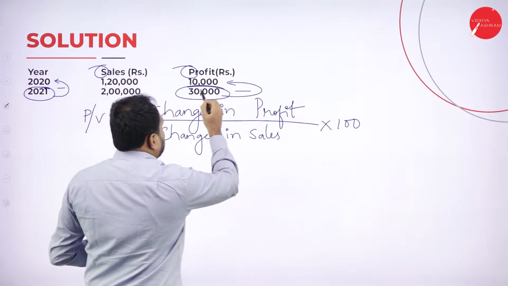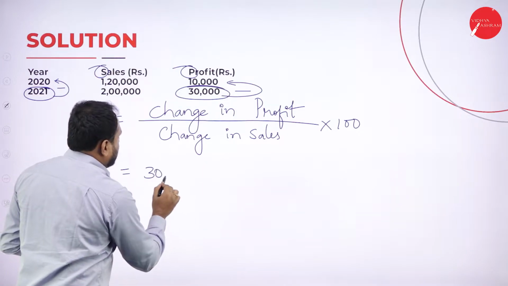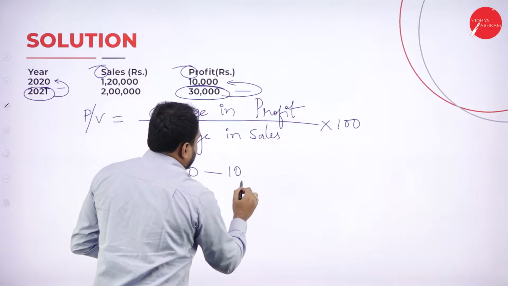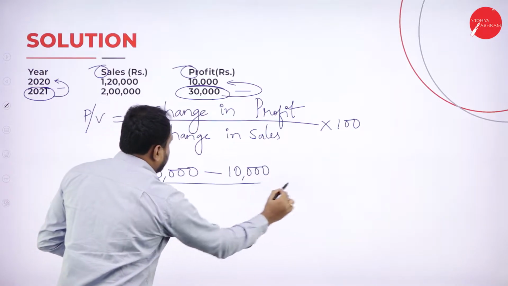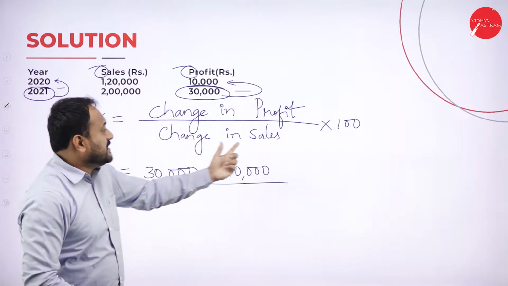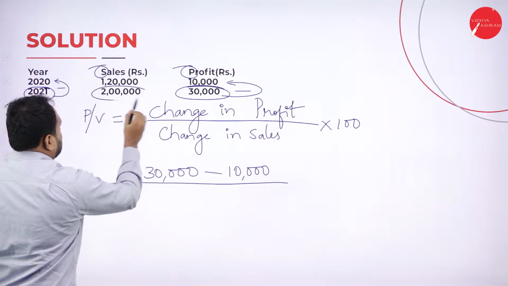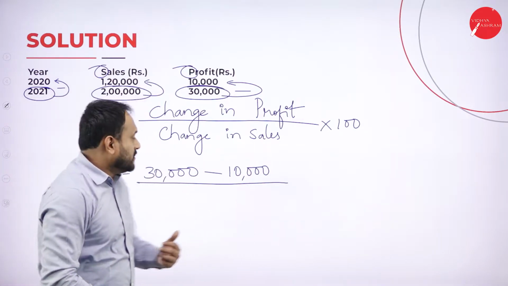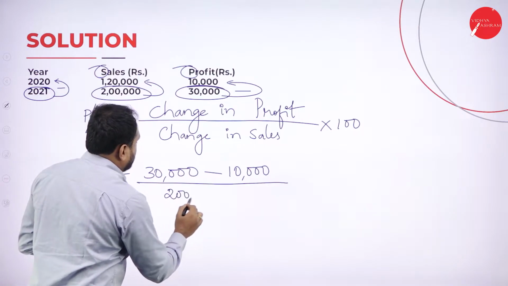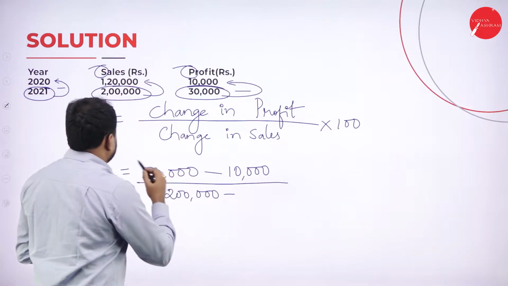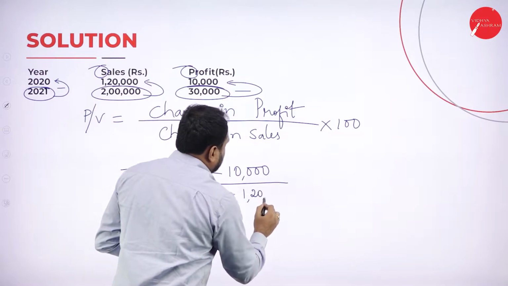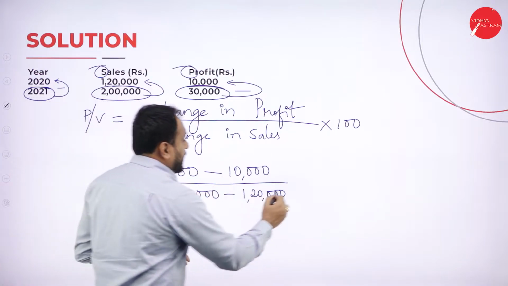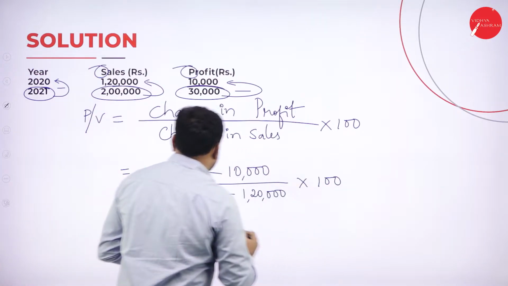We'll write 30,000 is the current year minus the previous year 10,000, divided by, again, change in sales. That means 2 lakh is the current year minus 1,20,000 is the previous year. So we'll write 2 lakh minus 1,20,000. So this is what the thing is. Never forget into 100.